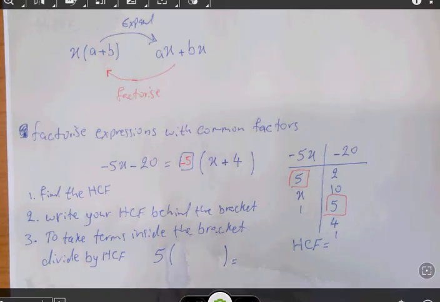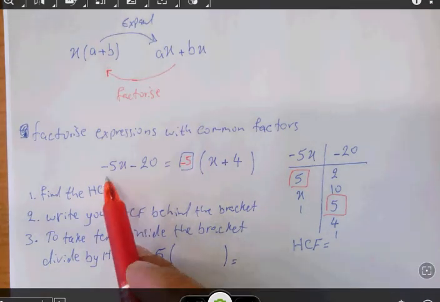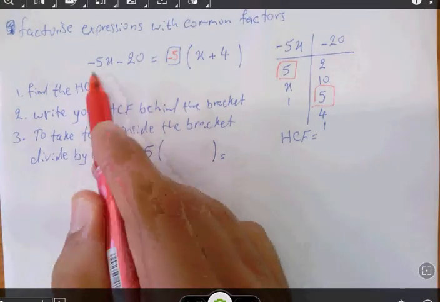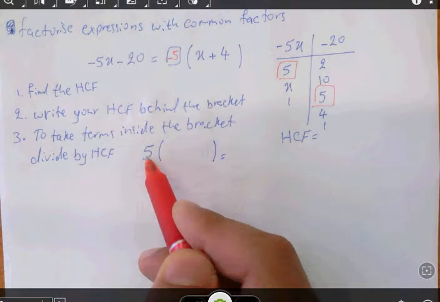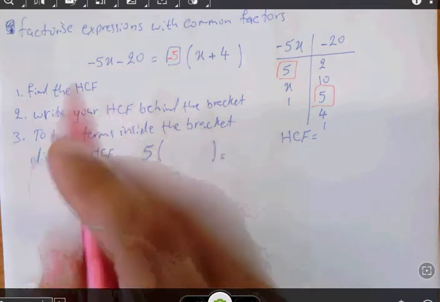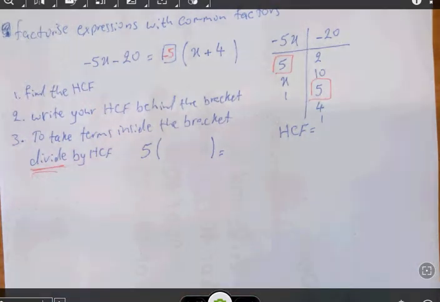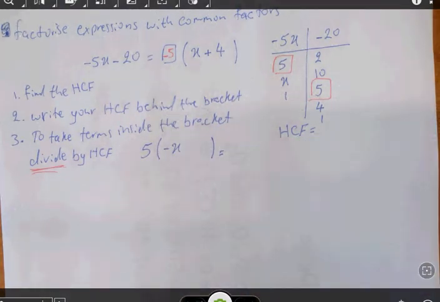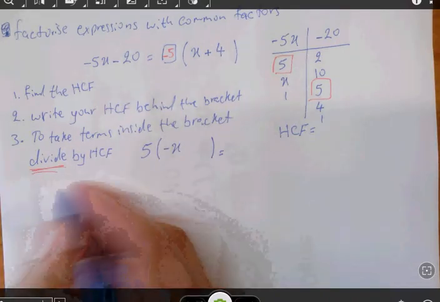I'm going to grab this term, negative 5x, and go through this filter of 5. It's telling me to divide. If I go negative 5x divided by 5, what do I have left? Minus x. Very good. Then write it inside the bracket.